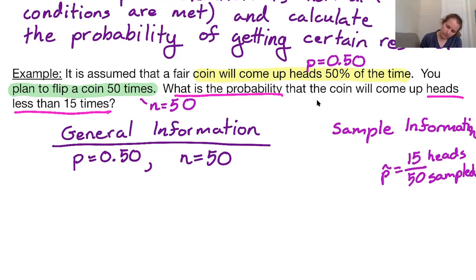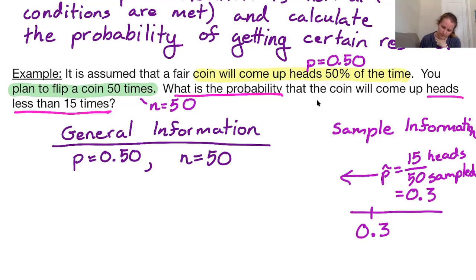But then we are looking specifically to the left, so we're looking at that or to the left. On our number line, 15 out of 50 is 0.3. So we have 0.3, and then we are looking at anything to the left of that. So we are trying to determine the probability to the left of 0.3.